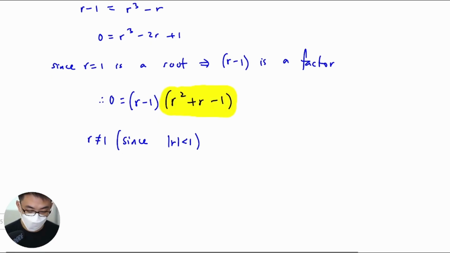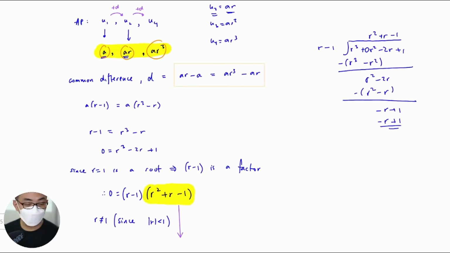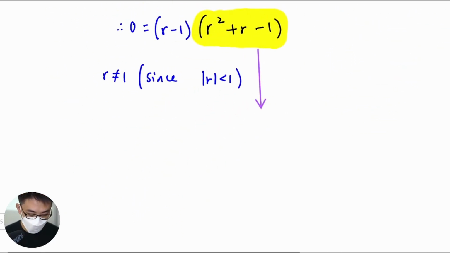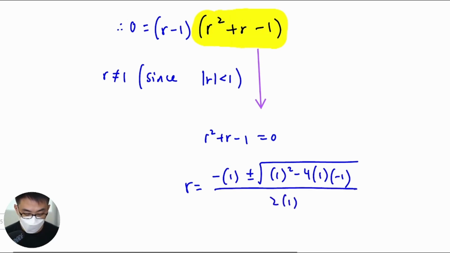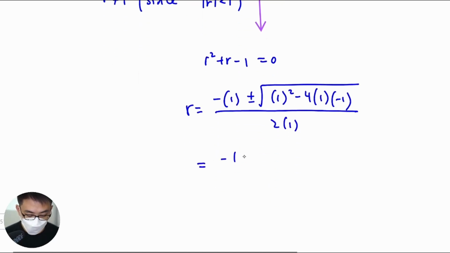It's algebra, so we just use the quadratic formula: R squared plus R minus 1 equals 0. So R equals minus 1 plus or minus root 5, over 2.